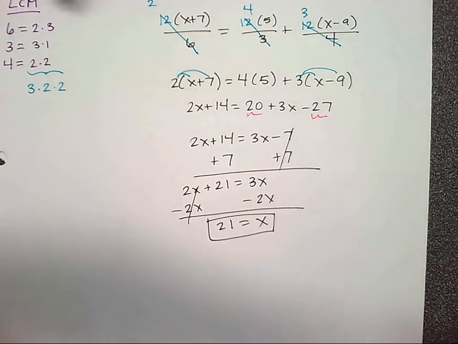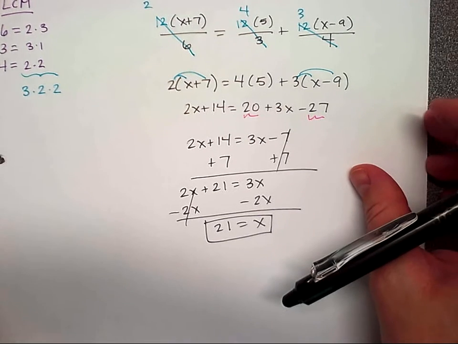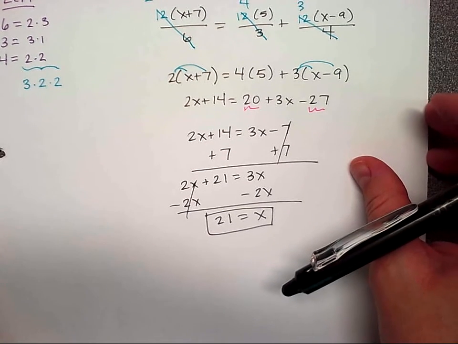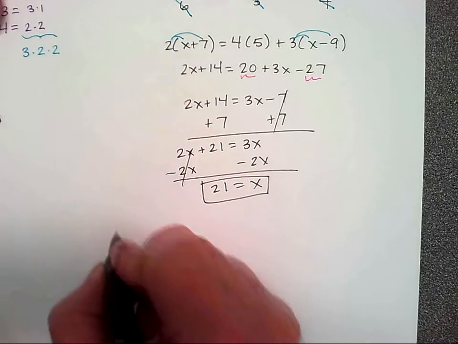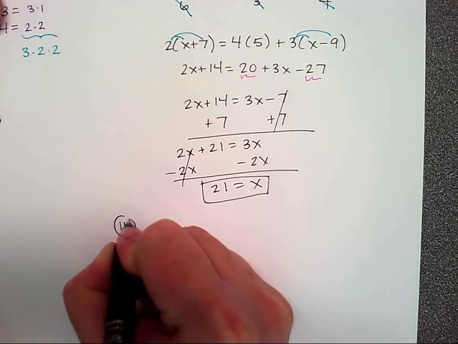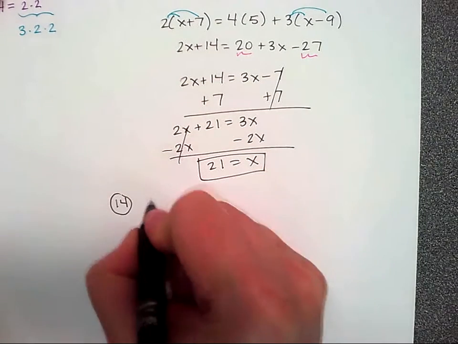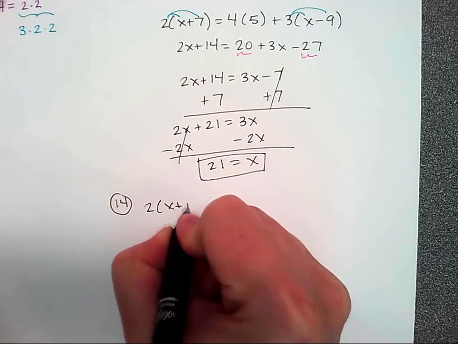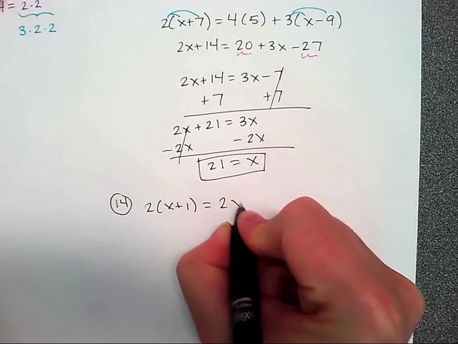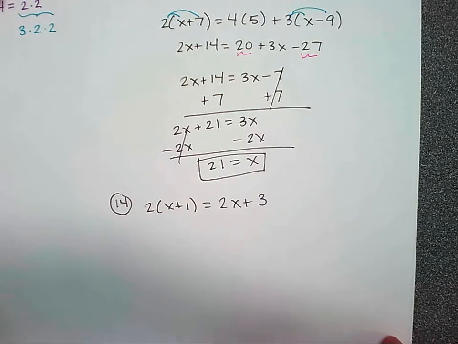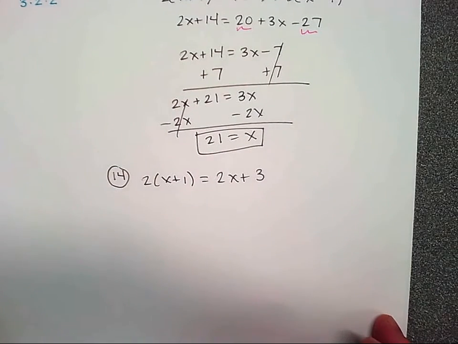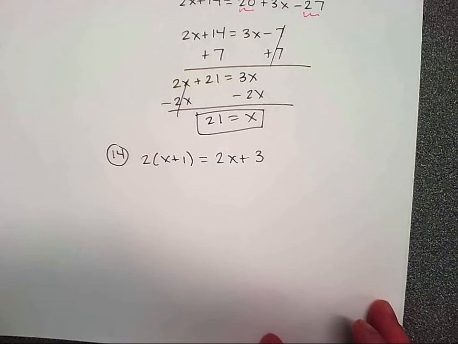So now we're going to do another problem, number 14. So I have 2 times x plus 1 equals 2x plus 3. So let's solve this one. Again, I need to simplify both sides, right?